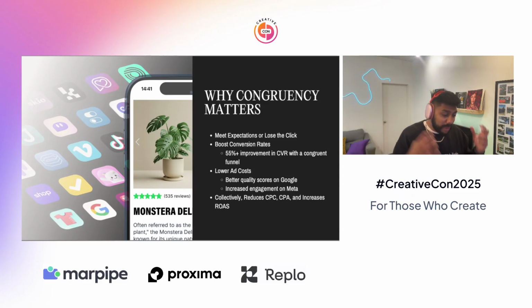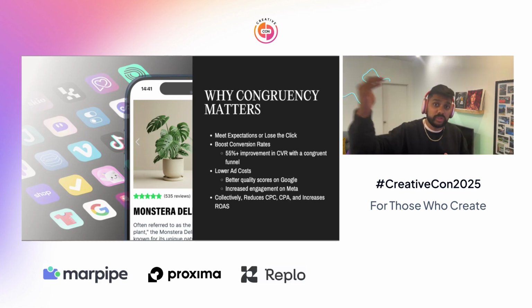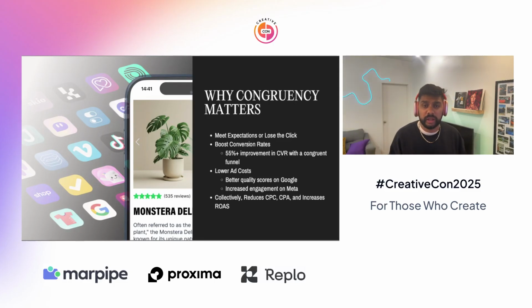The messaging to the personas has to be reinforced at every step of the way. And if you don't do that, again, you're just not going to be able to scale as much. So you're actually putting a ceiling on the amount of scale and the velocity with how quickly you can scale. You're not only losing the click, but you're also artificially reducing your ability to grow. So that's the biggest reason why funnel congruency matters.